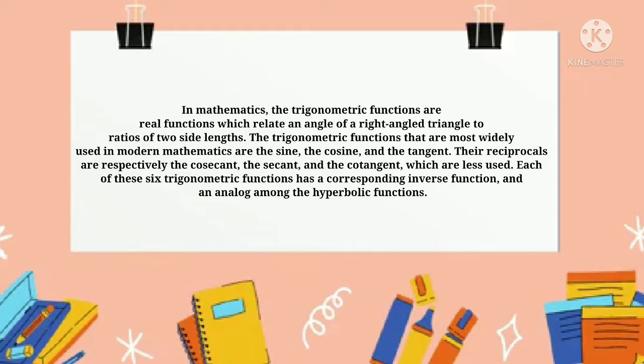Each of these 6 trigonometric functions has a corresponding inverse function and an analog among the hyperbolic functions. In solving or proving trigonometric functions, we need to know first the trigonometric identities.